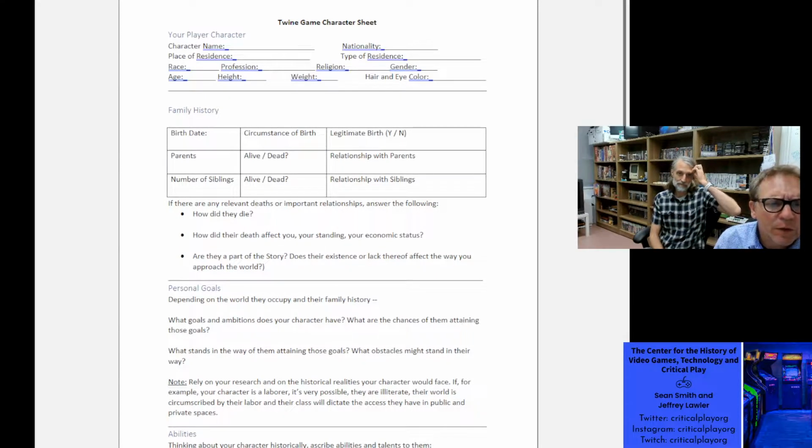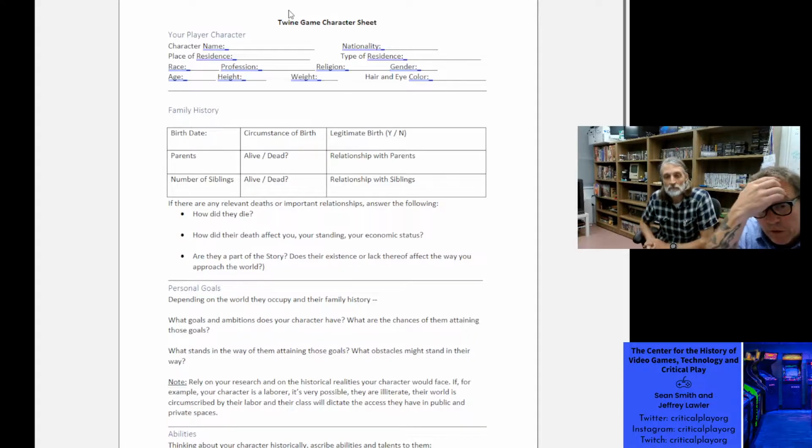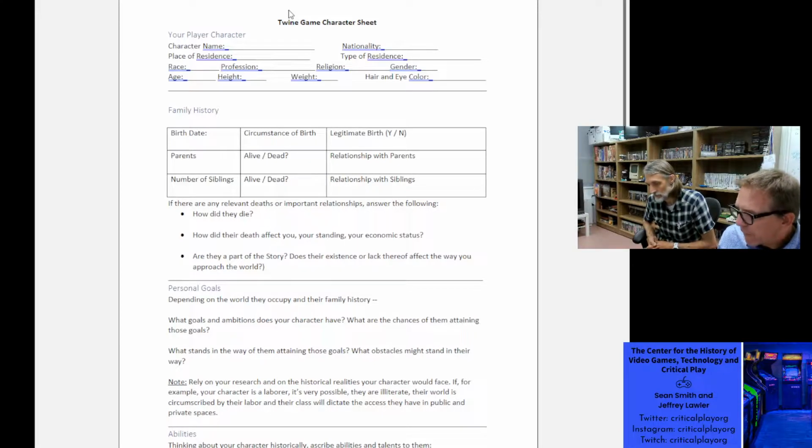Right. Well, I suppose we could start with the character sheet, right? And so again, this is presupposing that students have a set of research documents in front of them.